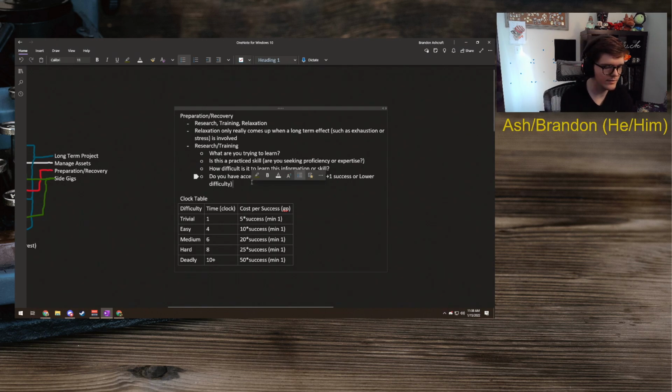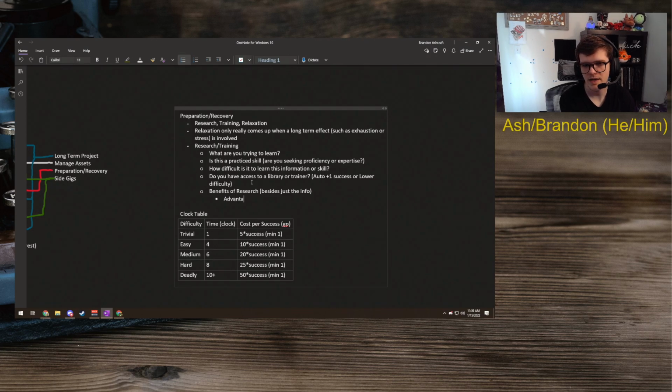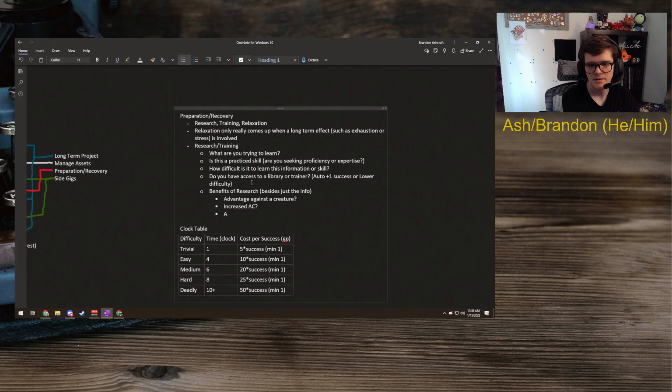And then benefits of research besides just the info. Against a creature: increased AC. Advantage on checks for that creature or effect.